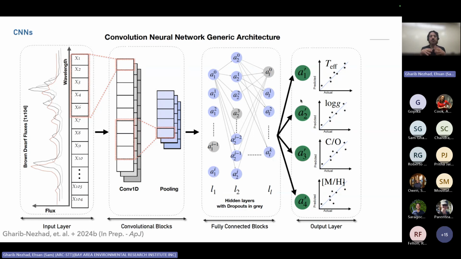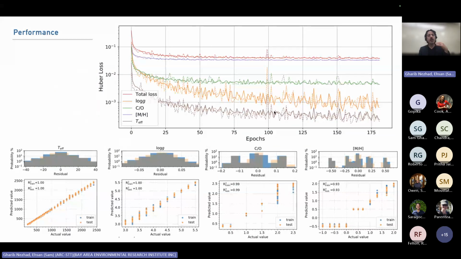There are a lot of details going on, like how to avoid overfitting, which we can discuss later. But in general, we train the model and that's the output. Then it comes with the performance, which is how to assess the accuracy and robustness of the model.